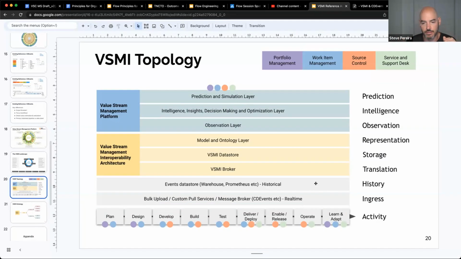But CDEvents is recognized on the ingress layer, primarily focused on real time and pull services. Do you have any incorporation of something like pull services, or is it primarily just ingestion of broadcasted events?